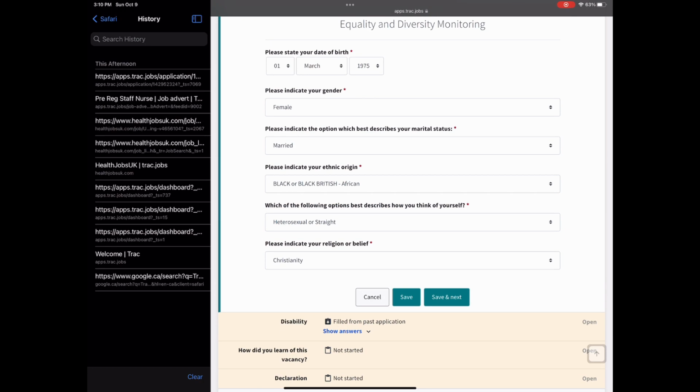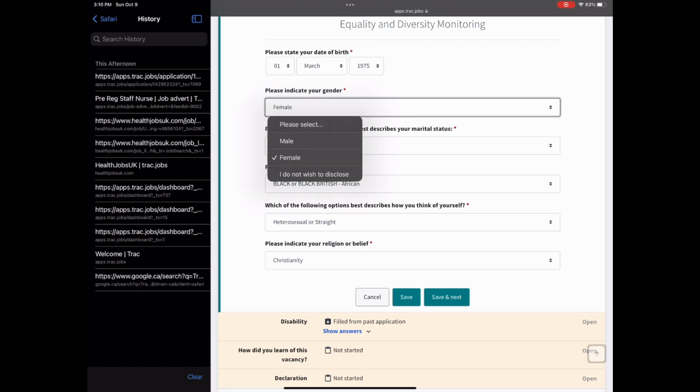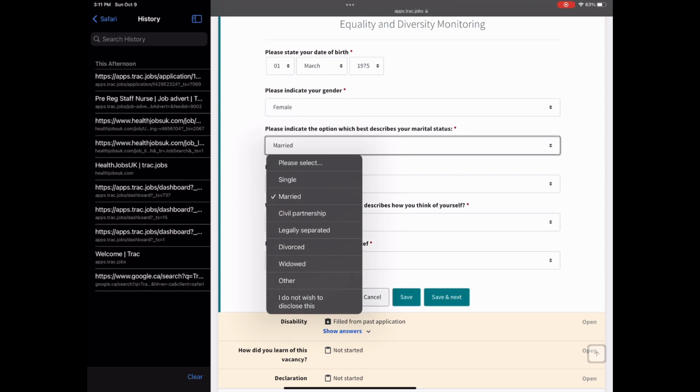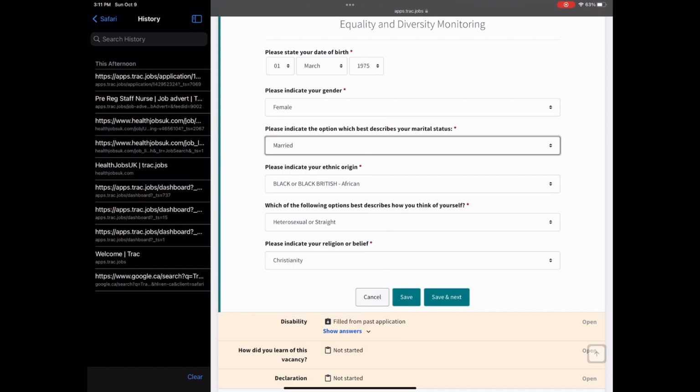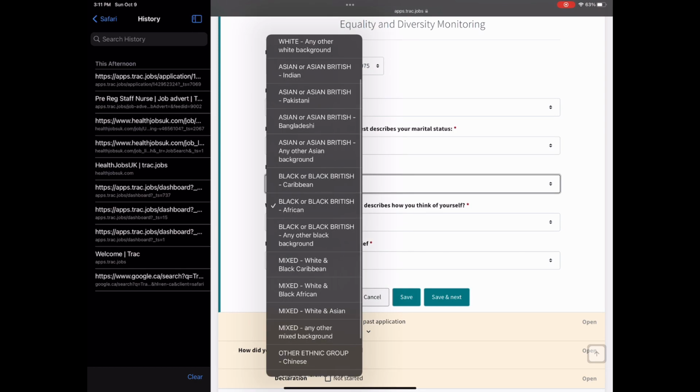Now, this last section about equality and diversity, date of birth, gender, married, Black or Black British African is the option. Some people end up clicking something else. Female, married, there are options. Any option that applies to you, you click it. And then Black or Black British African.